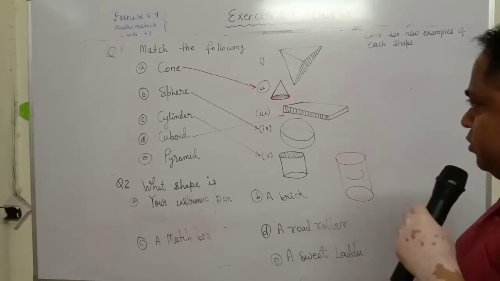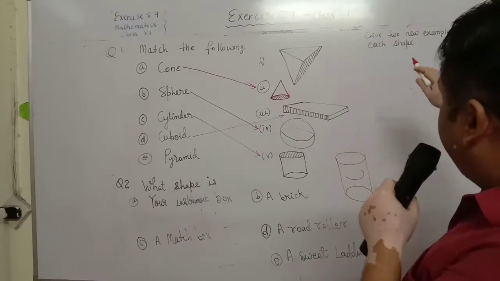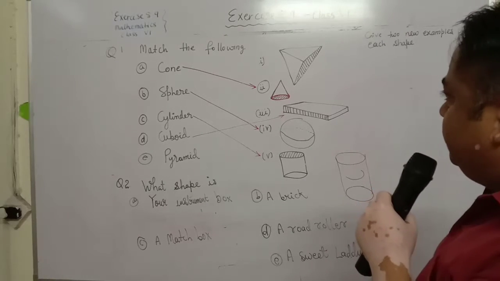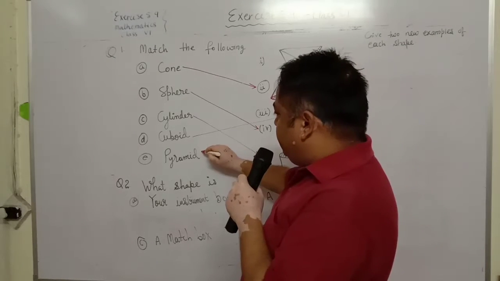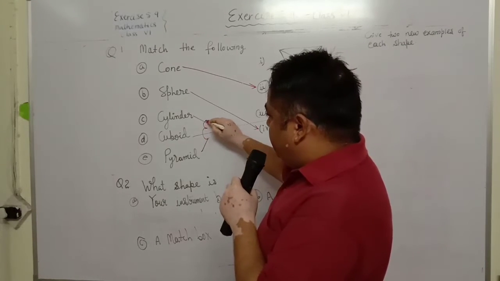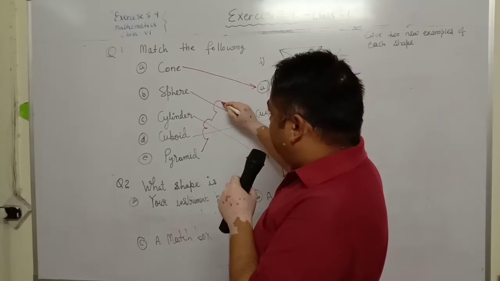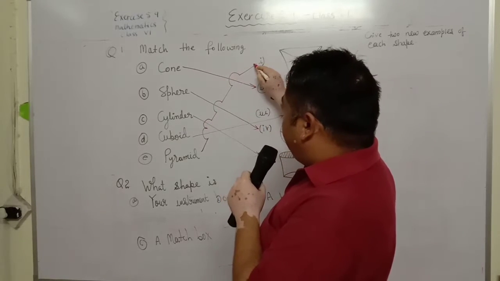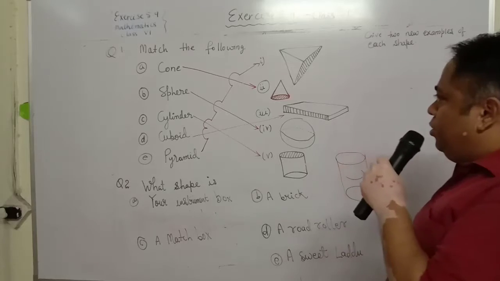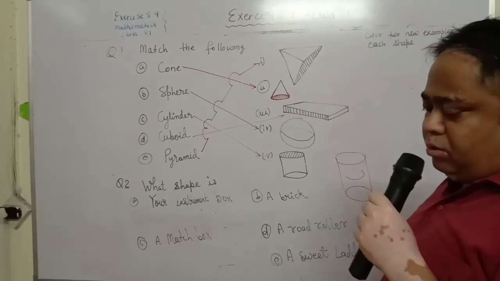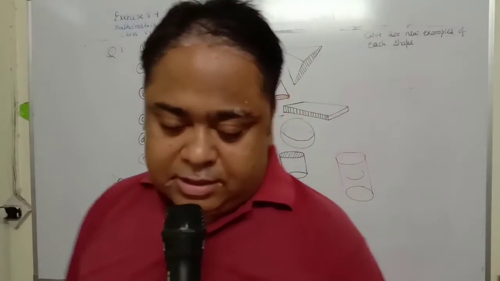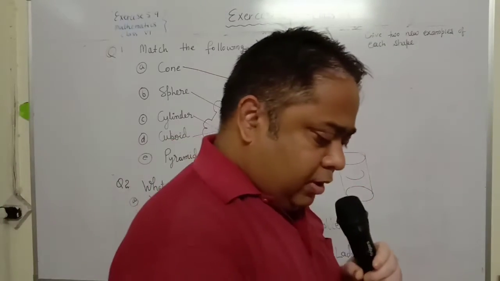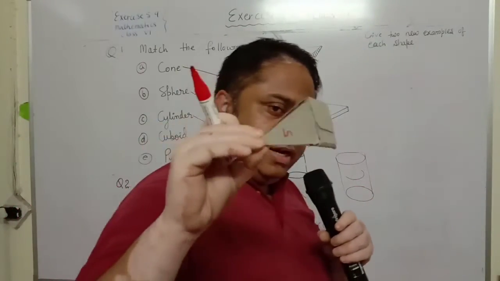Next part of the same question is, we have to give two examples of each of these. This shape E will be this shape. Since I have drawn this on the board, you might be feeling that it is a triangle containing other triangles inside. But no, it is also a three-dimensional structure like this.